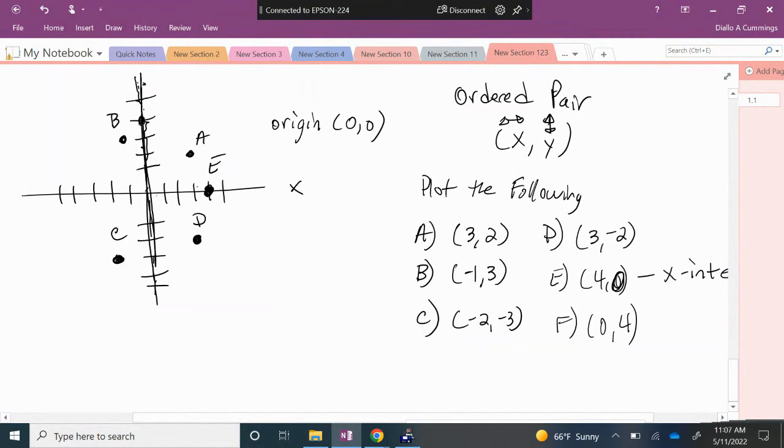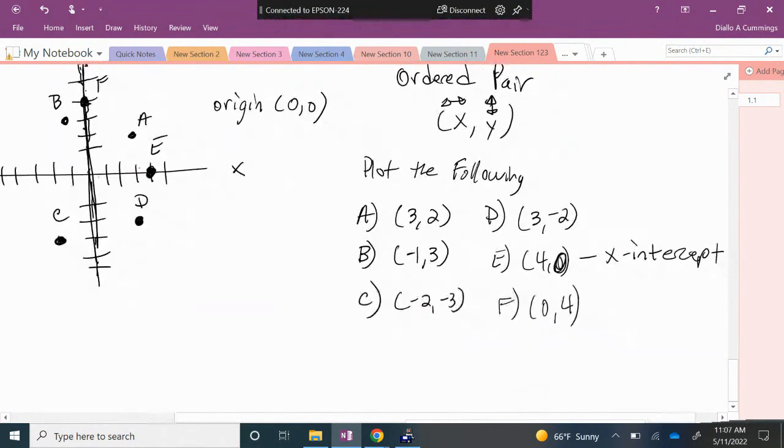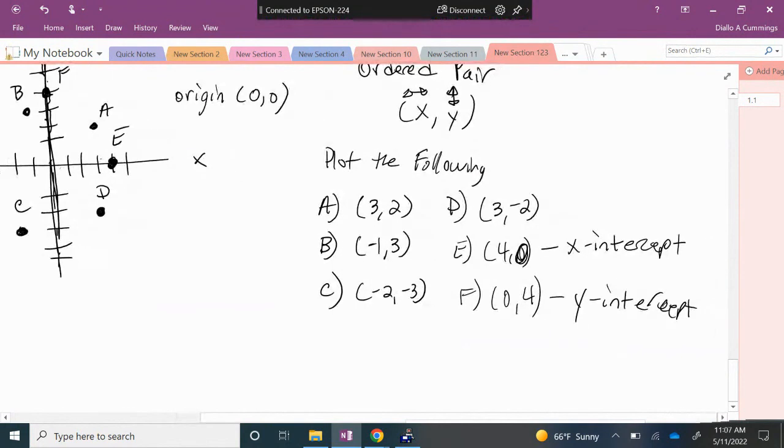Since my y-coordinate is 4, I'm going to go up 4. Since the point (0, 4) lies on the y-axis, this is a y-intercept point. So notice that every y-intercept point must have an x-coordinate of 0.